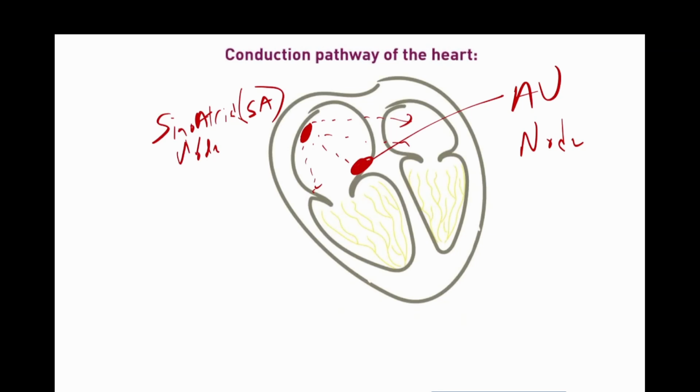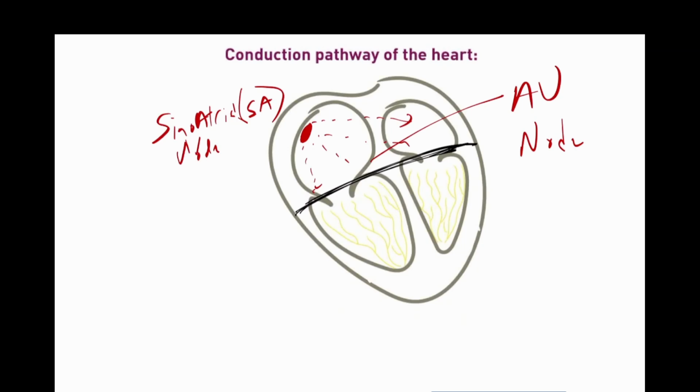This is important because this whole area between the atria and the ventricles is electrically inert. No electrical signal can get from the top of the heart to the bottom. It has to go through the AV node.